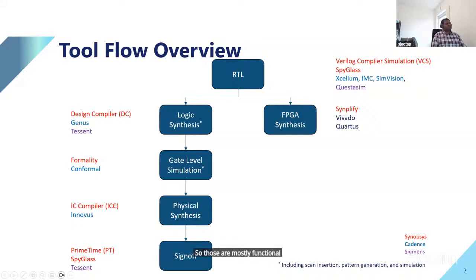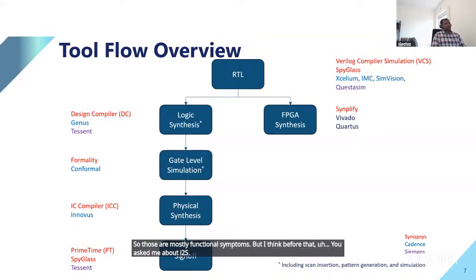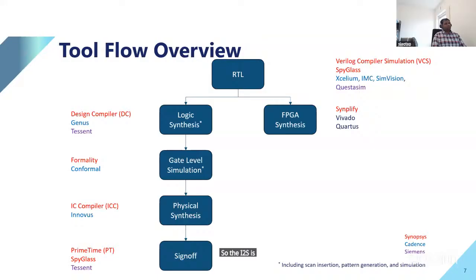Oh, yeah, but I think before that, you asked me about I2S. So I2S is actually a digital protocol. It's developed by Philips, so it's similar to I2C. It's a two-wire protocol, mostly used for data transfer and mostly in the audio domain. So it has a left channel and a right channel.